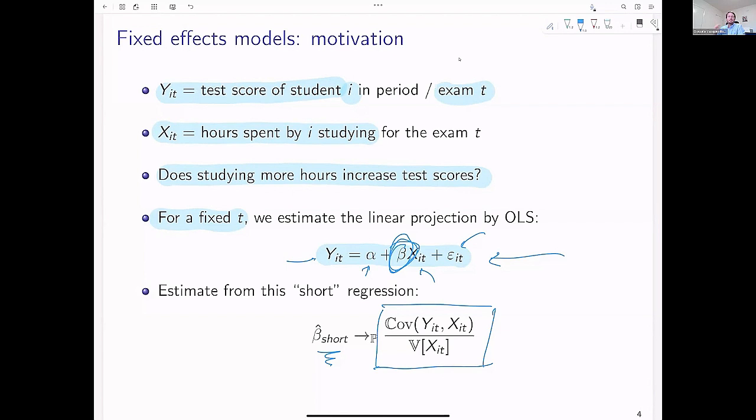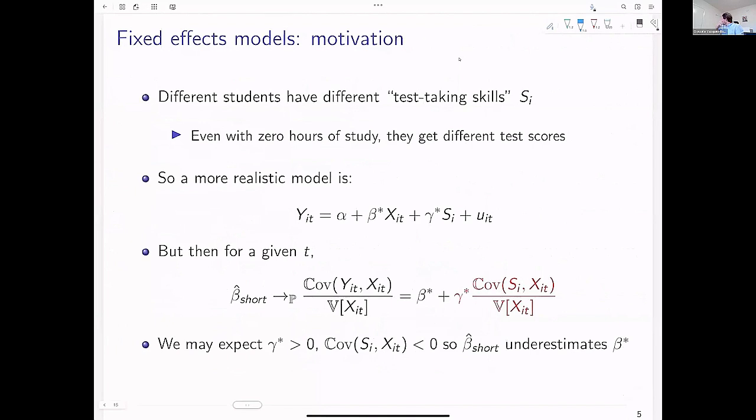So we need to think a little bit more about what we think the model is, to decide whether we can interpret this beta hat as estimating the effect of hours of study, or maybe it's capturing something else. Every time you run a regression, you look at the coefficient and you think, is this what I really wanted to capture?